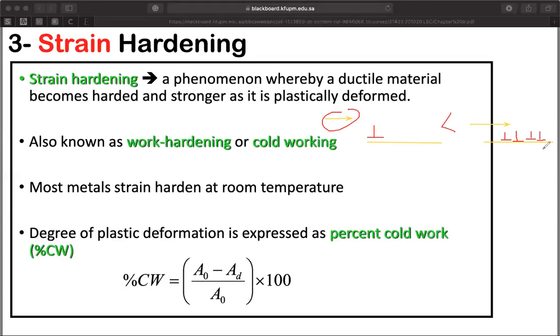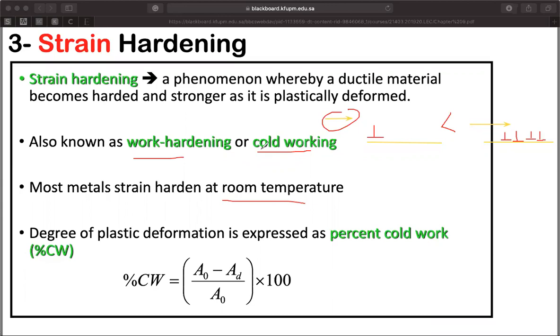So as you do cold working, you're increasing the density of dislocations, or activating more dislocations, more slip systems inside the material. So strain hardening, you can also call work hardening or cold working, as I mentioned in the previous class, and for most metals, because this kind of deformation is happening at room temperature, it is relatively cold compared to the melting temperature. This is why it's called cold work.